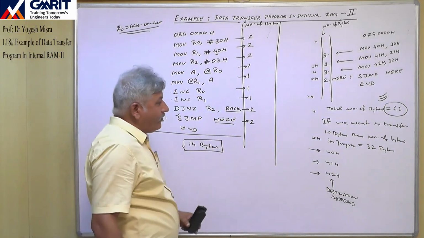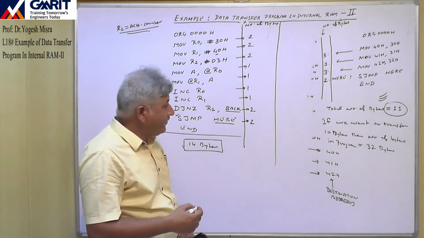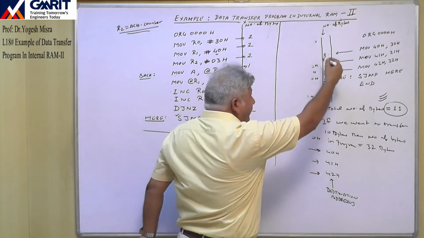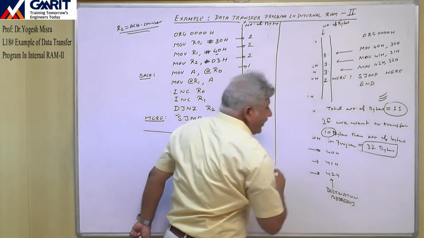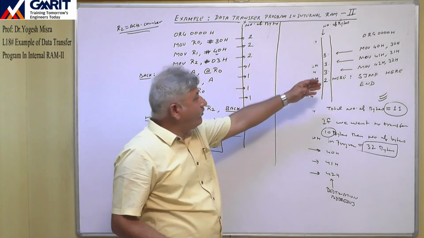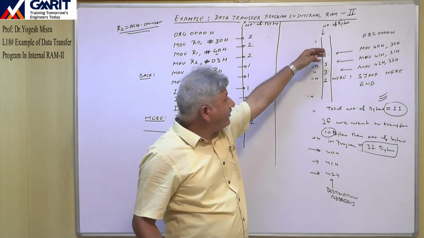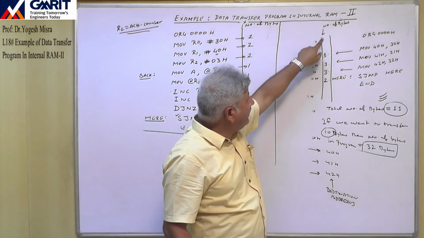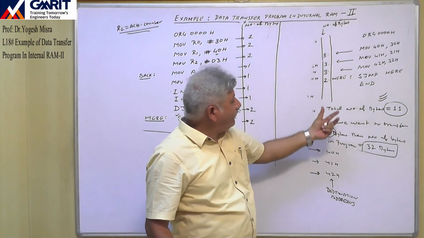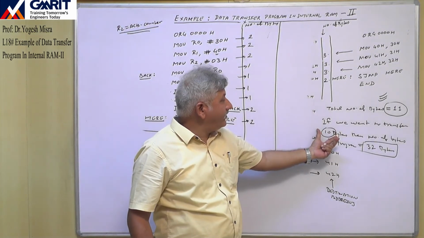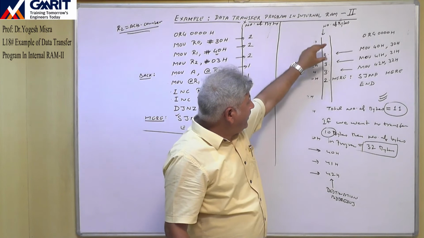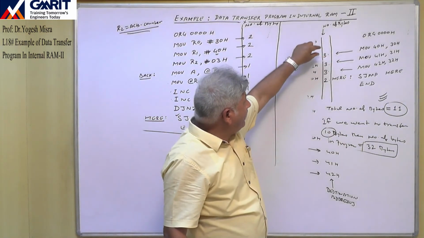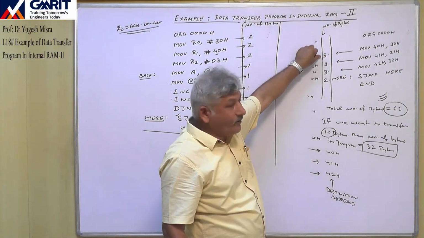But just think, if we are transferring 10 bytes by that approach, then we require a 32 byte program. Because if the number of bytes is increasing, then for transferring each byte we require a 3 byte code. So if we want to transfer 10 bytes, for transferring 1 byte we require a 3 byte instruction.